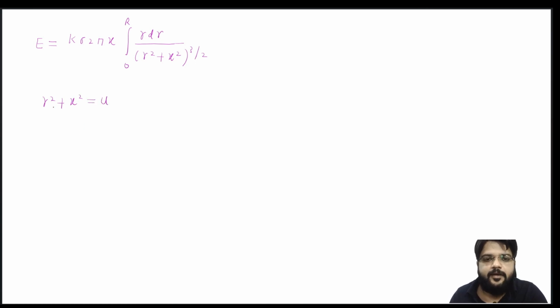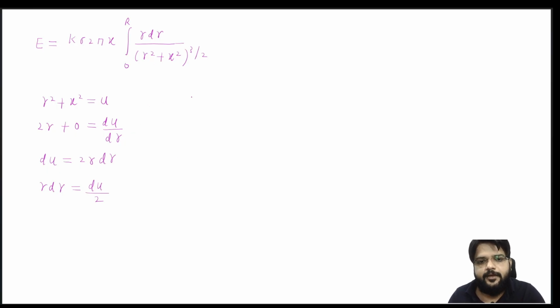If I differentiate this equation with respect to r, then what will I get? 2r, the derivative of x square is 0 because it is constant, and the derivative of u is du by dr. So from here du value we will get 2r dr. So now from here r dr value is what, everyone? It is du by 2. So this value we will put in this equation. Let's see the next thing, everyone.